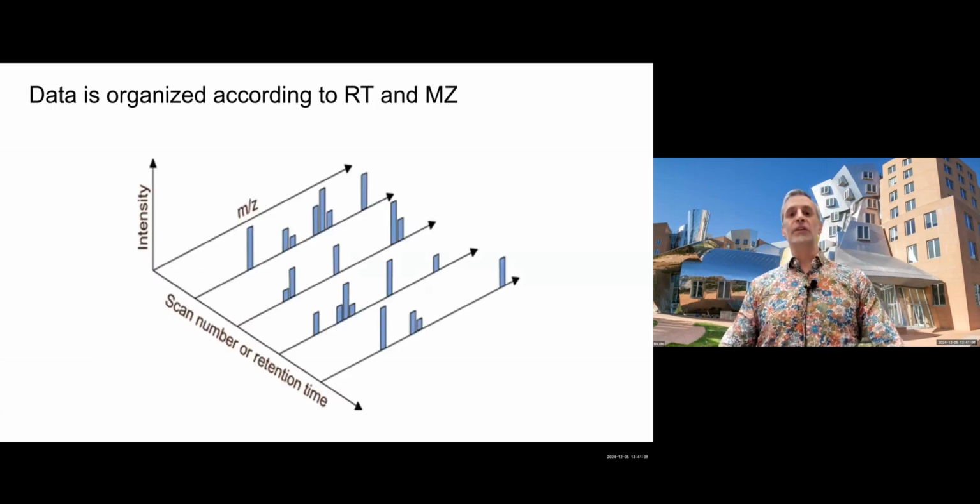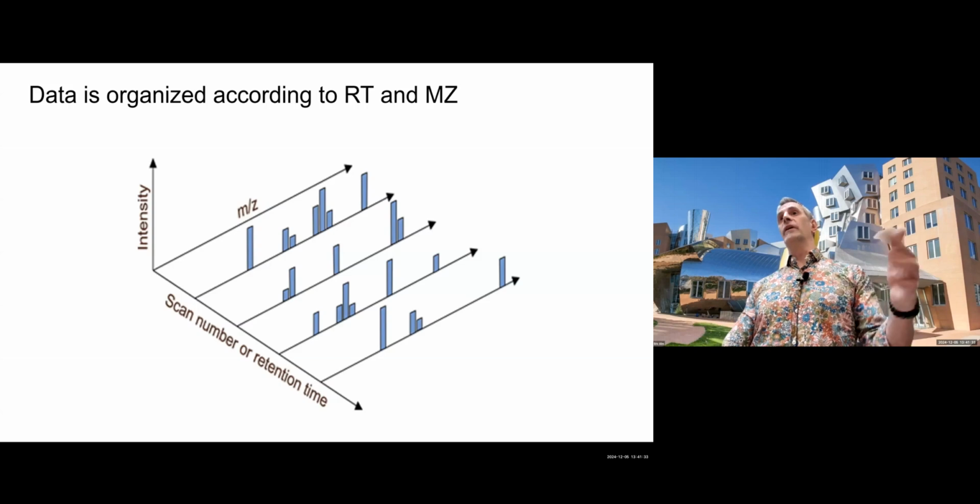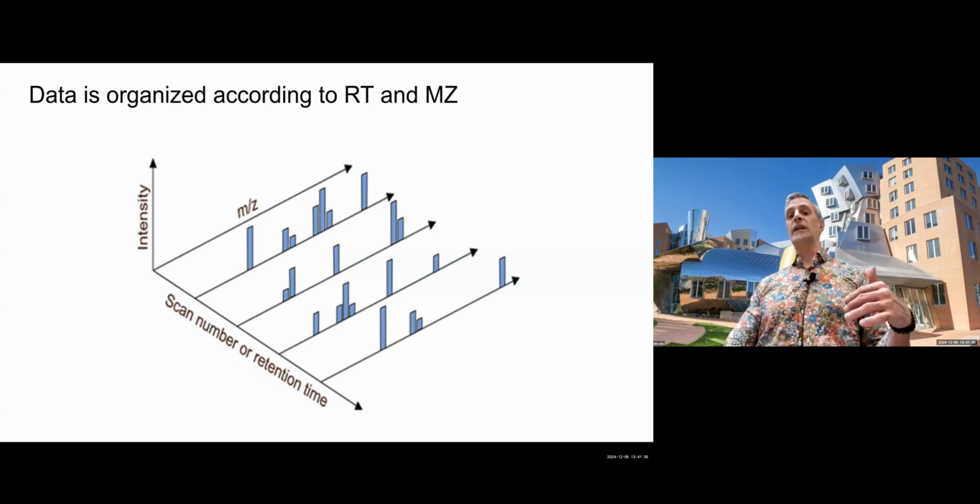And so we're generating data on two different axes. We're measuring intensity, which is essentially how many molecules are hitting our detector, and we're scanning our sample coming through the chromatography column over and over again, and then looking at what's coming out of our mass analyzer.